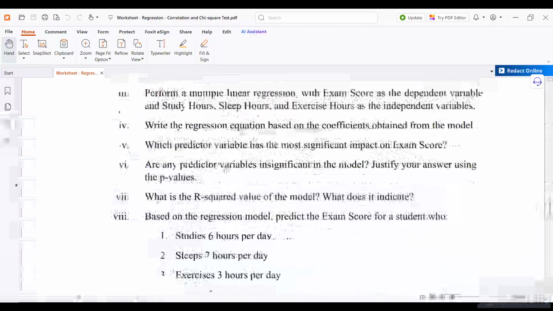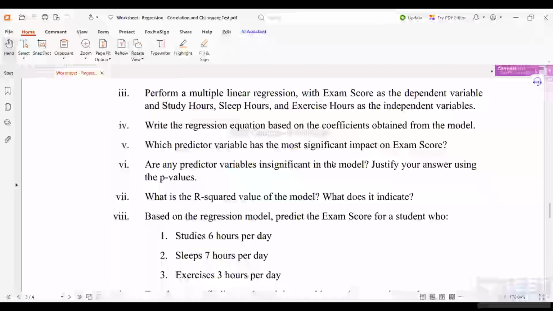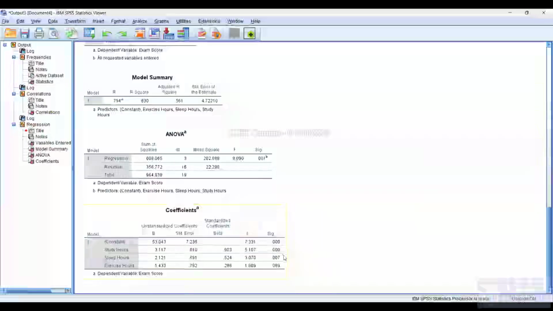Are any predictor variables insignificant in this model? Justify your answer using the p-values. Yes, we saw that. The constant is significant. Study hours is significant because its p-value is less than 0.05. And this one, exercise hours, is not significant.